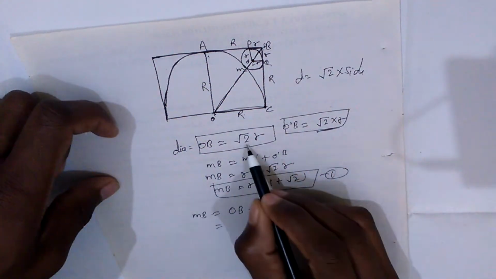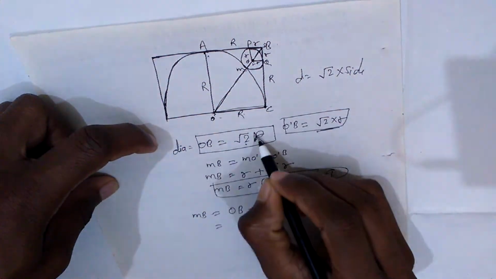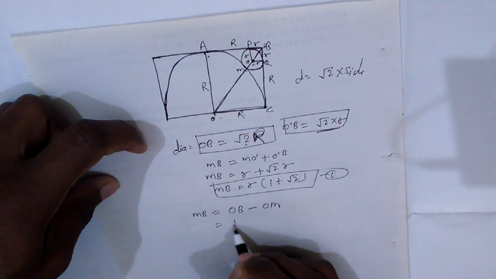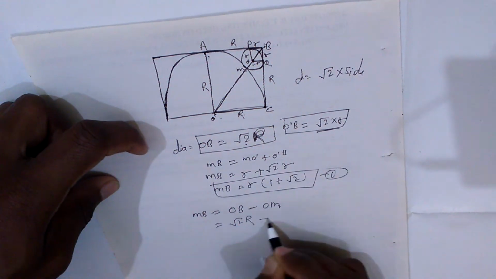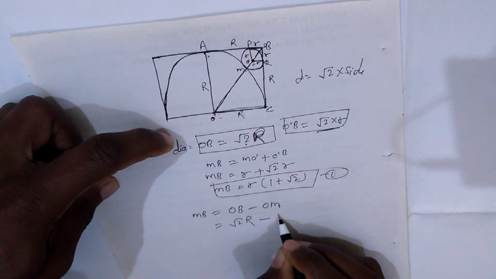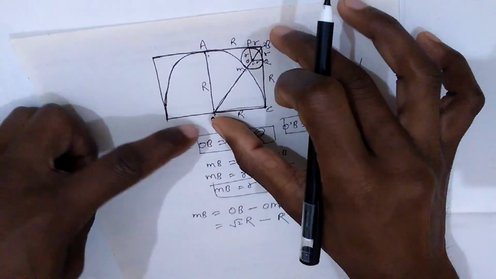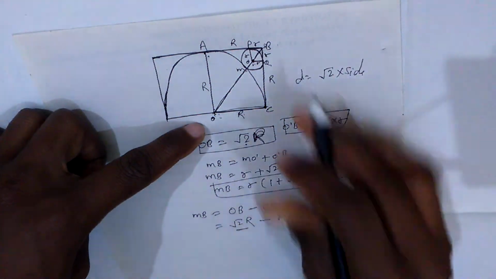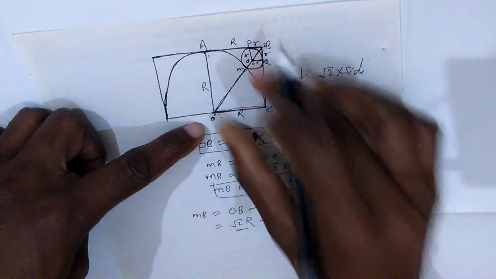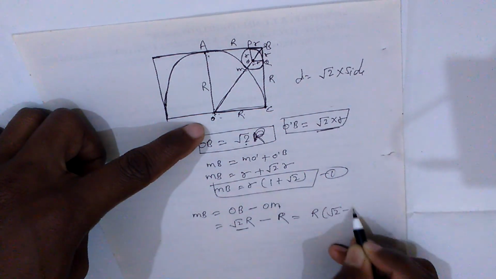OB equals to root 2 capital R, capital side R. So root 2 capital R minus OM, which is small r. So this is OB diagonal and OM radius. So MB equals to capital R root 2 minus 1.